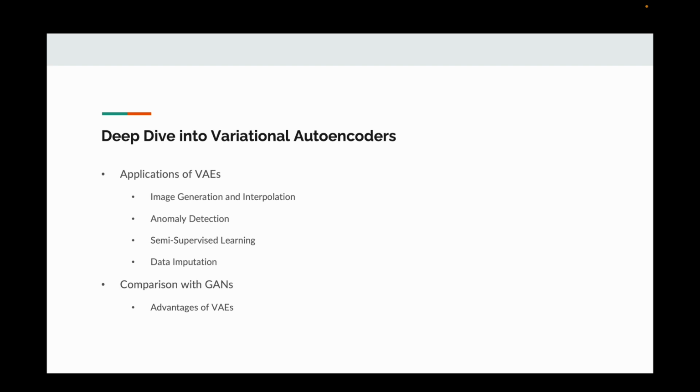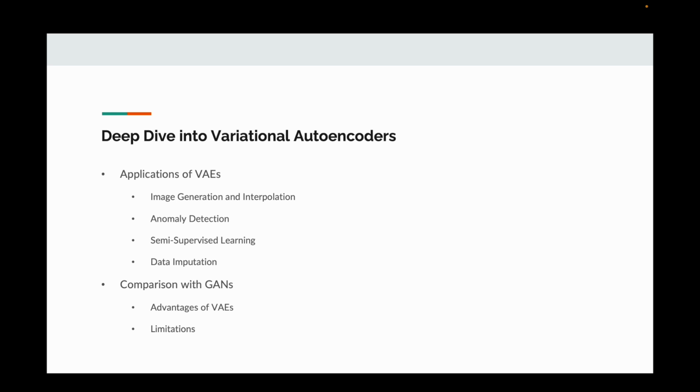VAEs have an organized latent space that supports interpolation and are easier to train than GANs. Limitations: VAEs often produce blurrier images than GANs due to the Gaussian assumption in the latent space, whereas GANs generally generate sharper and more realistic images.